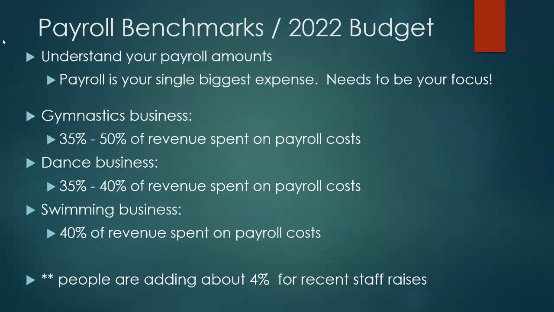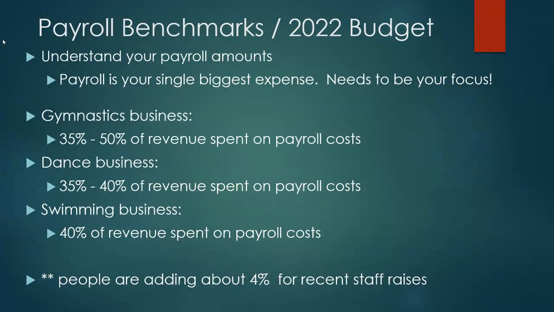As I mentioned earlier, if you're amongst your peers and adding 8.8% to payroll, that's going to be another 4% of your revenue going to these. So now, instead of being 35 to 50, you might be at 39 to 54% if you did in fact pull the trigger on that 8.8% increase in pay rates.